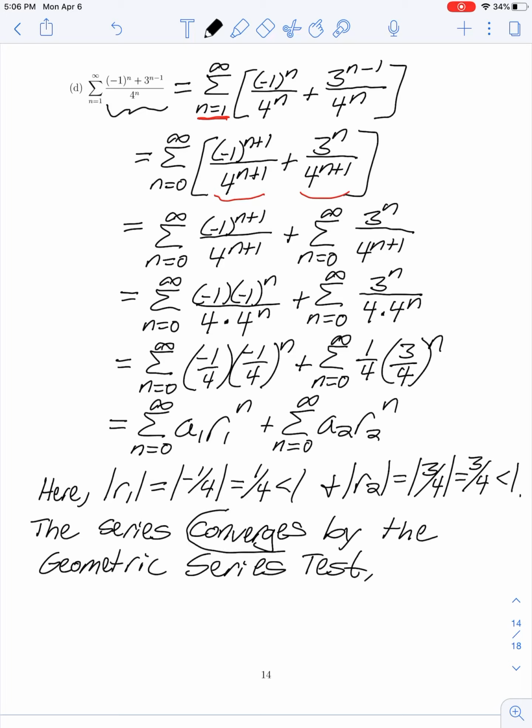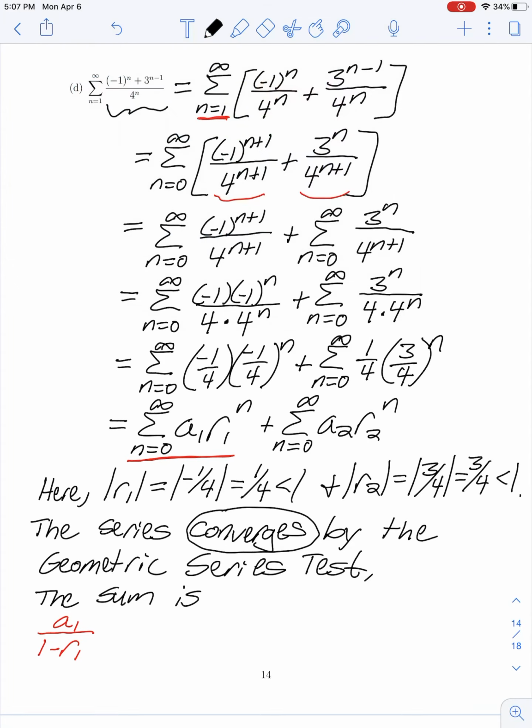And since this series converges, we have to find its sum. So here, the sum would be the sum of the two series. Now to find the sum of this first term, we would be looking at a1 over 1 minus r1.